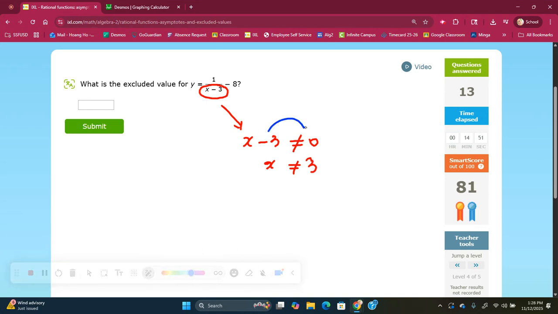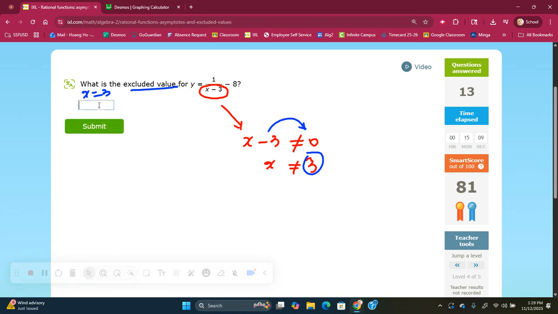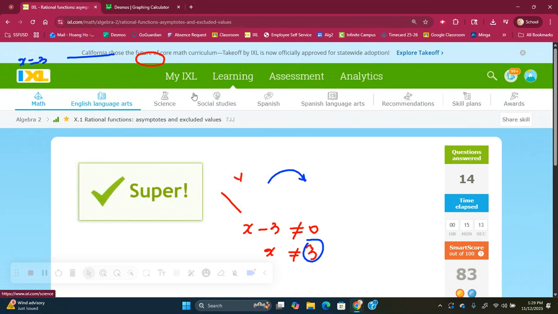I move negative 3 to the right side, so it becomes 3. So x cannot be equal to 3, or x equals 3 is the excluded value. So I put right here, x equals 3 is the excluded value.